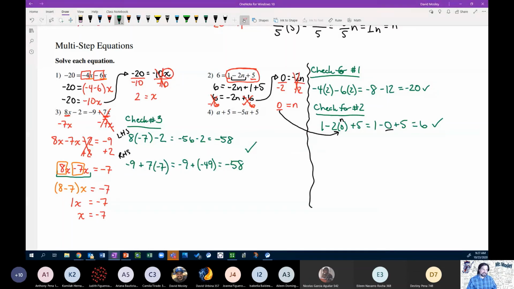I chose to subtract 7x and move essentially my variable to the left-hand side of the equation. I could have subtracted 8x, which would have resulted in my variable ending up on the right-hand side of the equation. It doesn't matter which one you choose, you should get the same result.